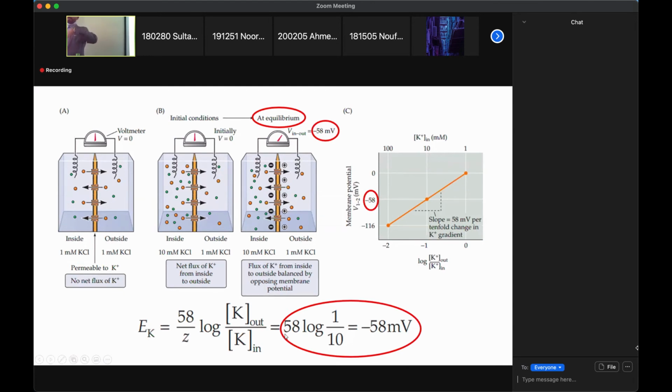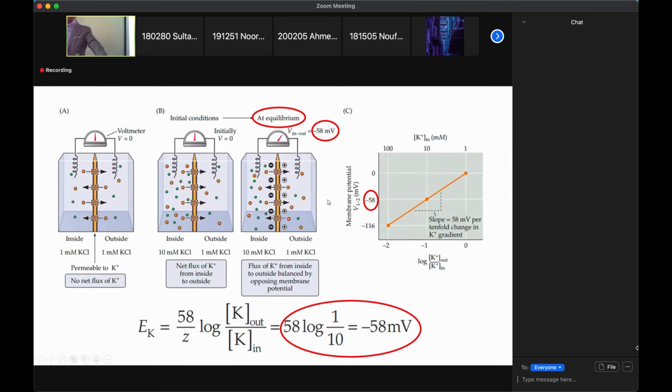So outside is 1 millimolar over inside, which is 10. And so we'll end up with negative 58 millivolt. A negative 58 millivolt in this hypothetical scenario is the equilibrium potential for potassium, where at this particular voltage, potassium would stop moving, okay?